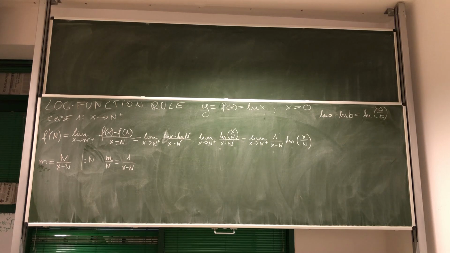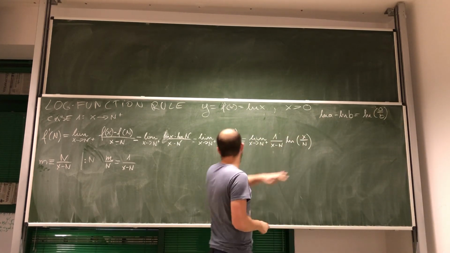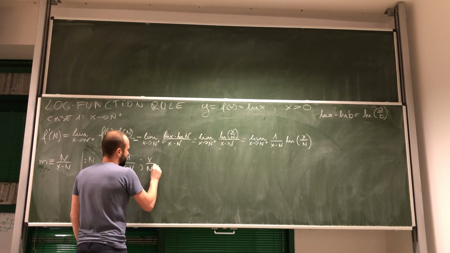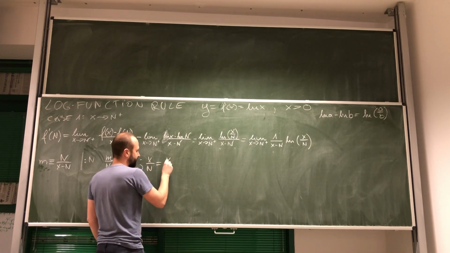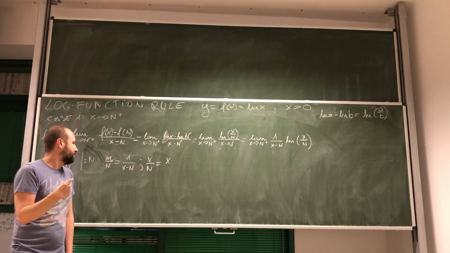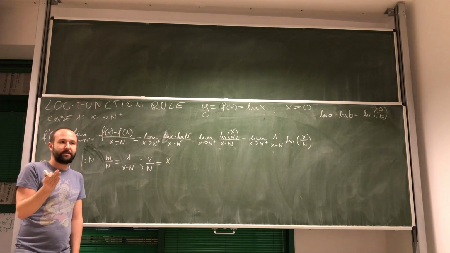Okay, now, the second thing we need to deal with is x over n. Now, x over n is the same as x plus 0. And as we learned thus far, 0 can be expressed in various different ways.